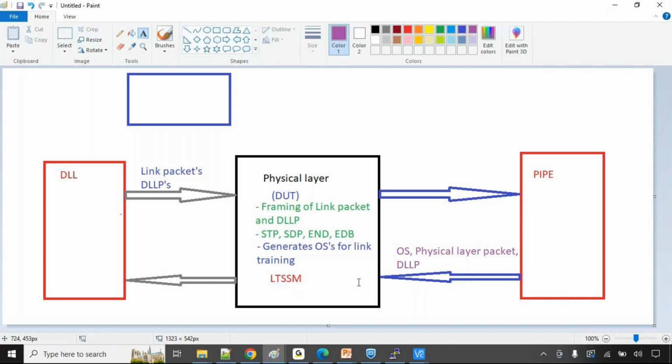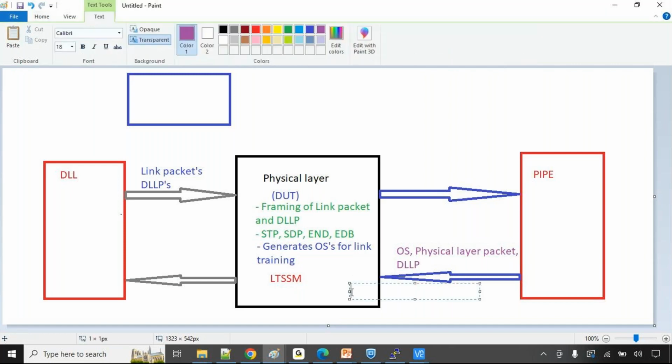So what it does: ordered sets it will consume, since ordered sets are used for link training. The physical layer packet and DLLP it will forward to the DLL layer.